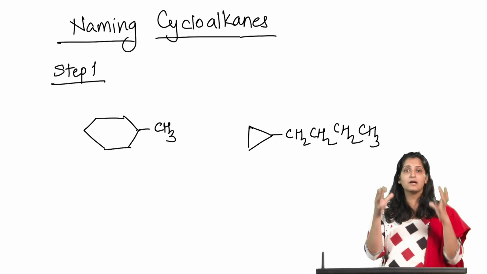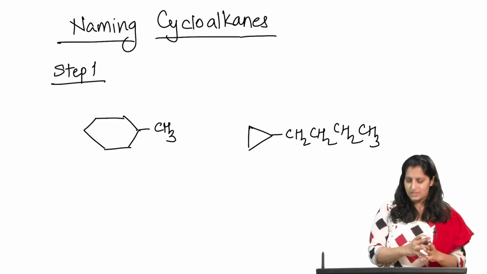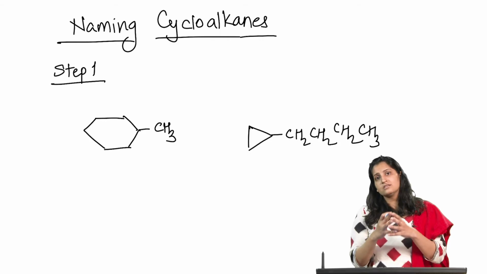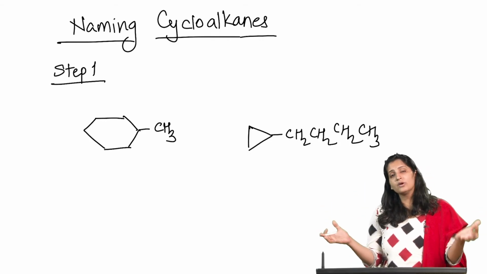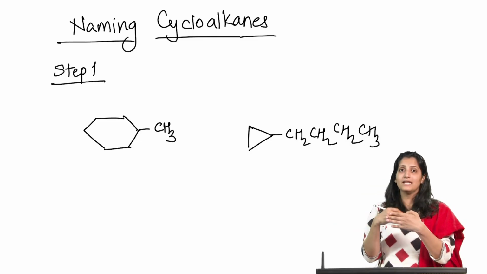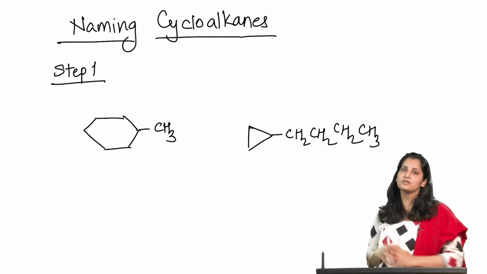So, cycloalkane will become the parent chain. Whichever one is higher in number, that becomes the parent chain. Whereas, in the case if the number of carbons is higher in the substituent, then what you can see is that the compound will be named as an alkane, right, and it has a cycloalkyl substituent.